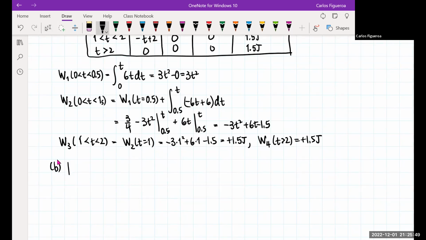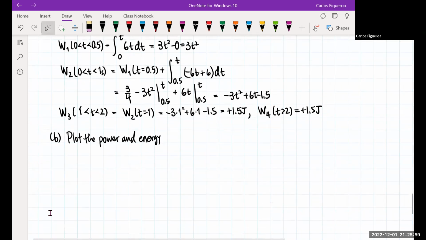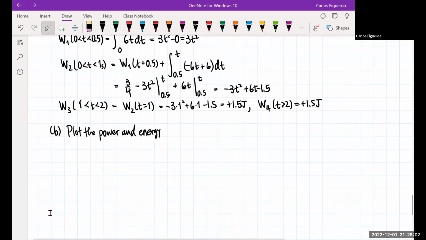So now if I go and I plot these curves, here's what I'm going to do. Now if I plot the power and energy, I have the following thing. I look at my curves, and I'm going to go 1, 2, 3, 4.